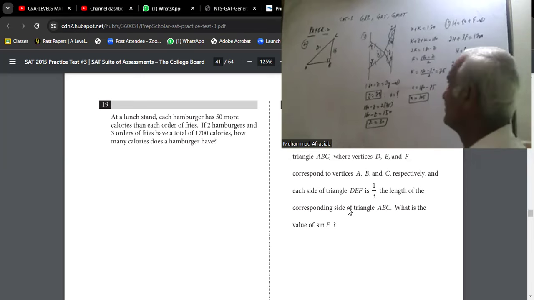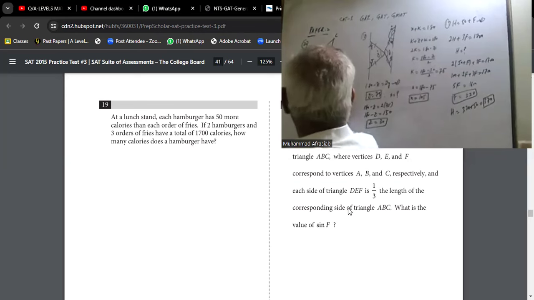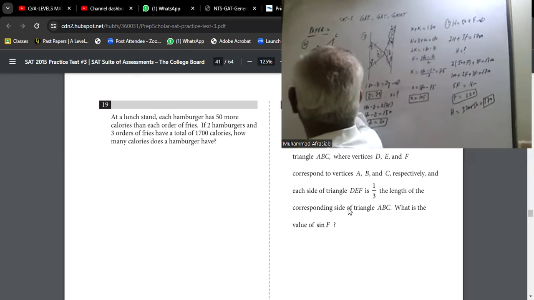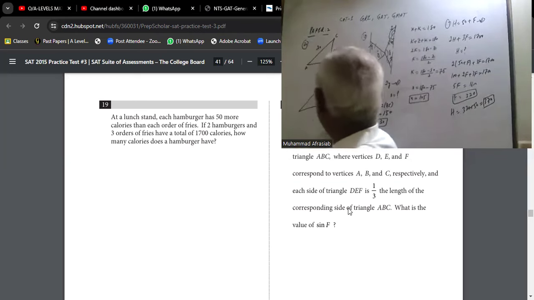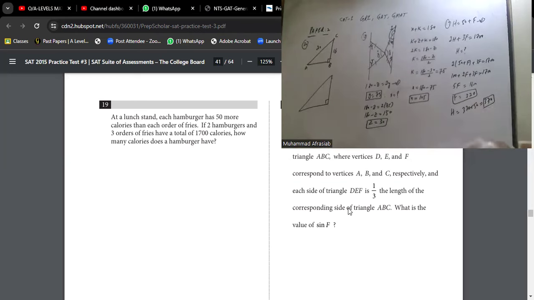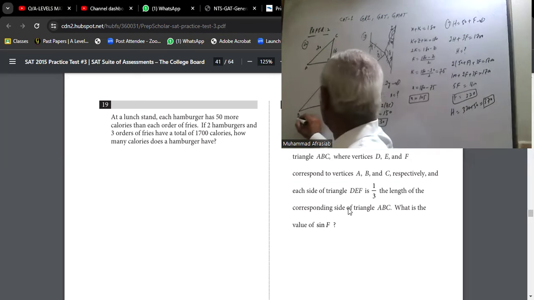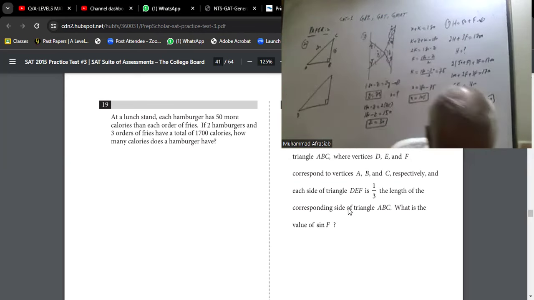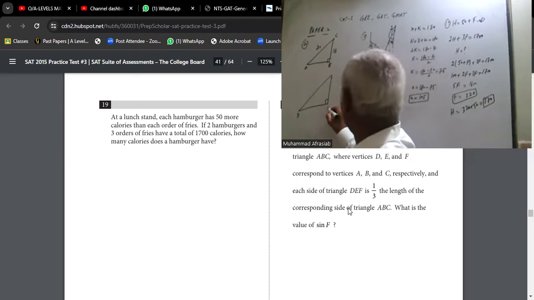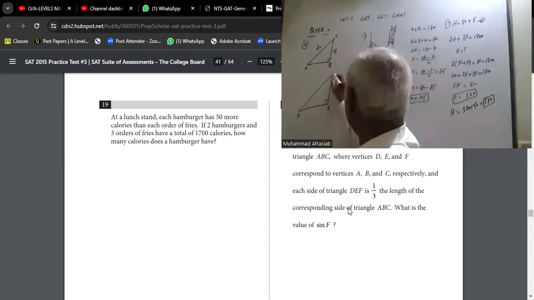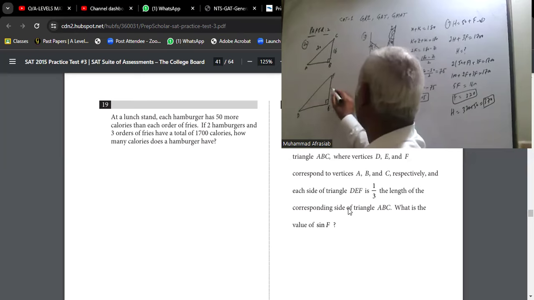So since that is similar to that, this is of 90 degrees. A is corresponding to D, E is corresponding to B, and the rest is 90, so it is also similar.